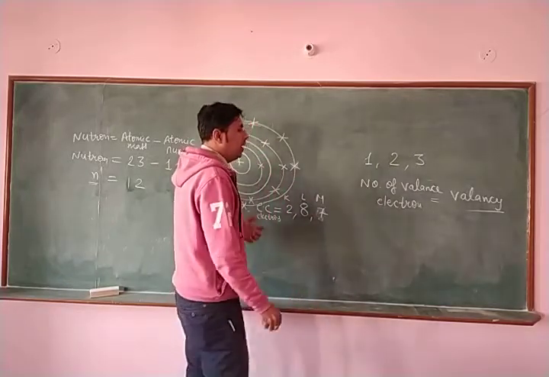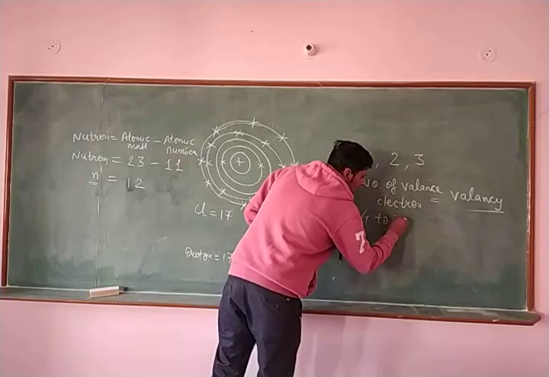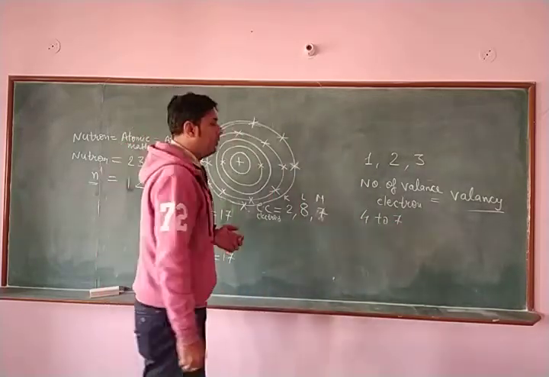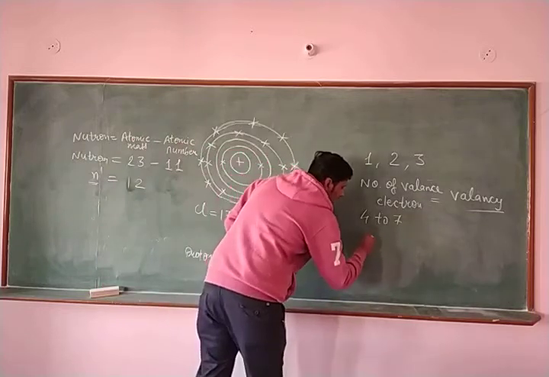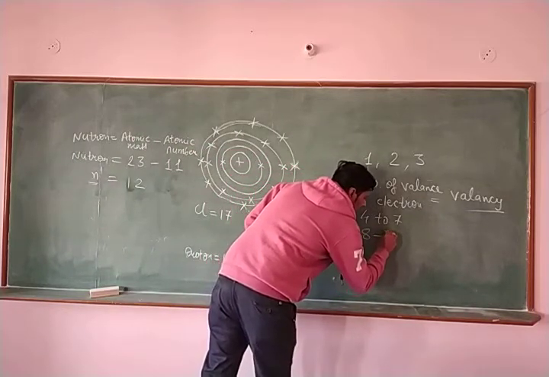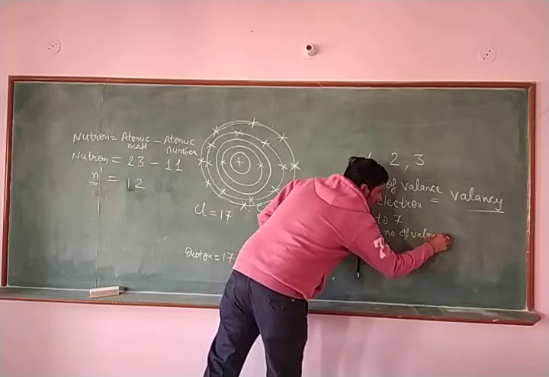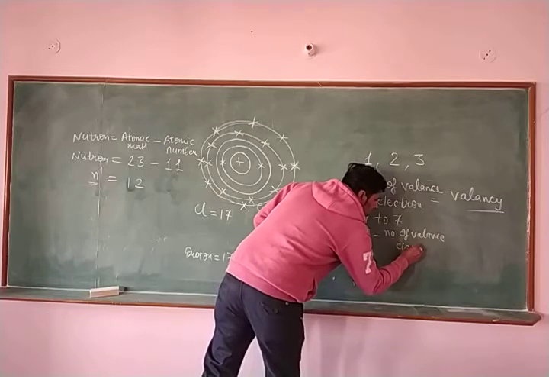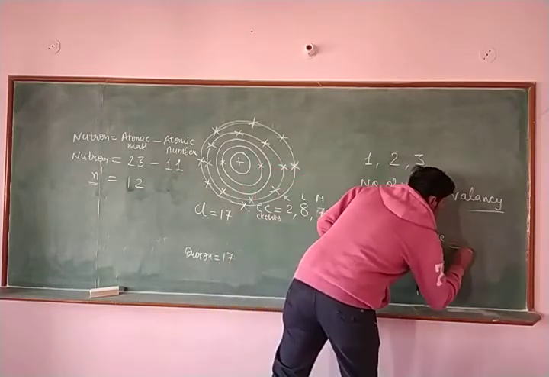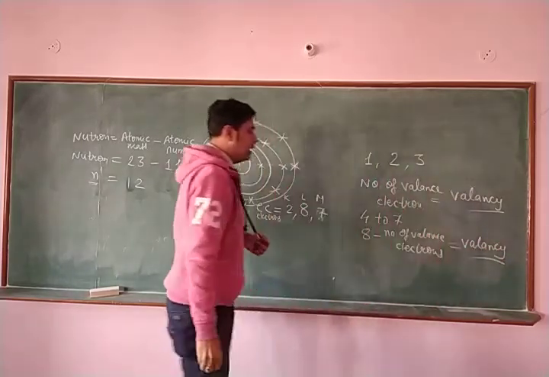If in case we have 4 to 7 electrons in the valence shell, then the formula for finding the valency is 8 minus the number of valence electrons. The number of valence electrons will give you the valency.